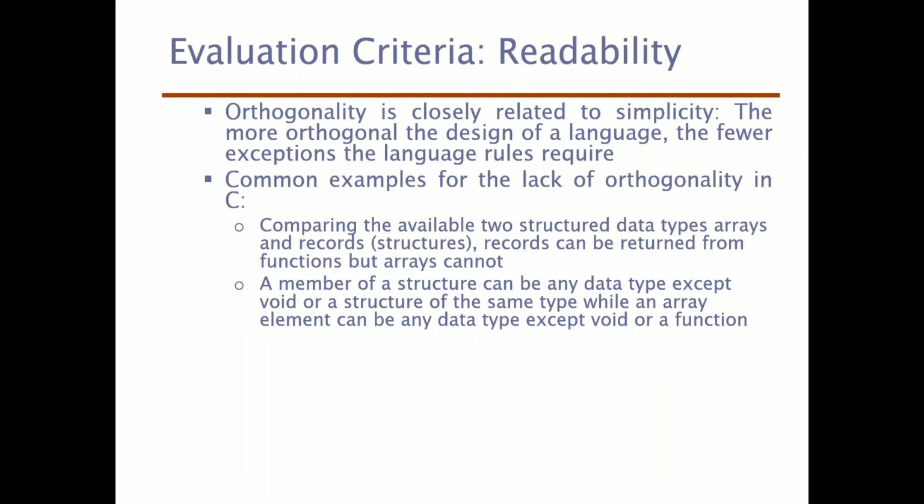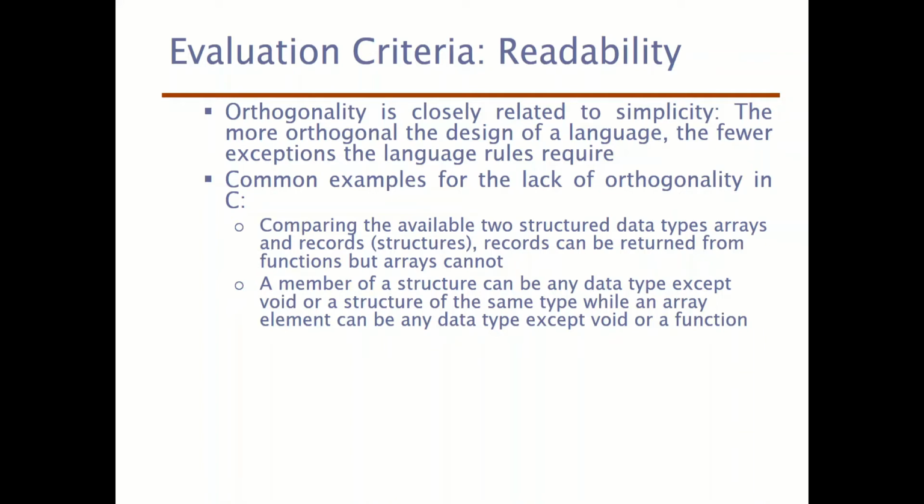Okay? Now think about arrays. In Java we can return it from a function or a method, but in C programming we can't. We can return in C programming a record or a structure, yet we can't return an array. And this is a problem with orthogonality in C, specifically in C.